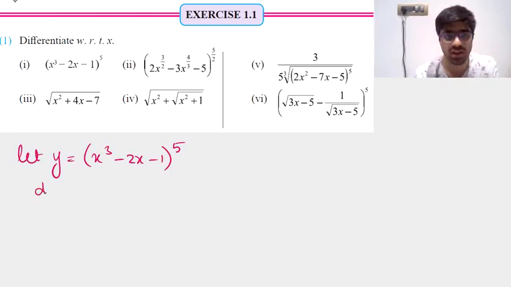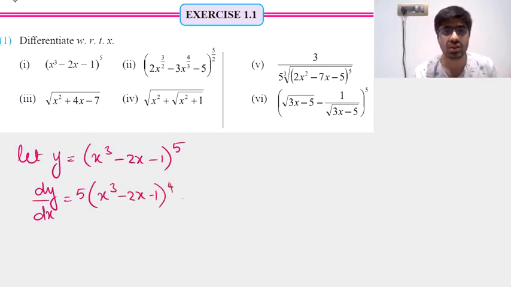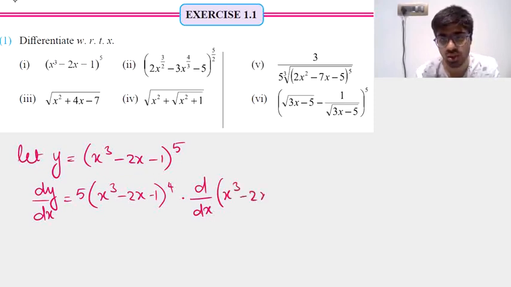So dy by dx, if I take a derivative on both the sides, will be 5 into capital X power 4. But capital X was that entire bracket, so it is 5 into (x cube minus 2x plus 1) the whole power 4. Now you need to further multiply this with d by dx of whatever you had taken in place of capital X, which was x cube minus 2x plus 1.